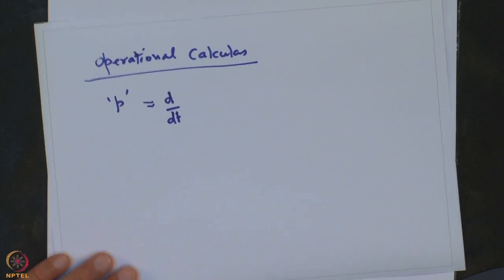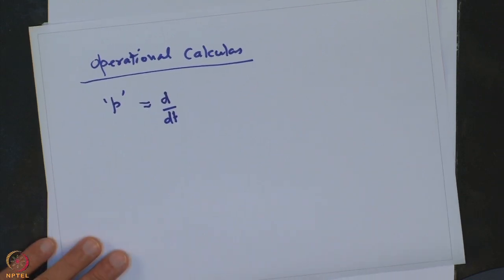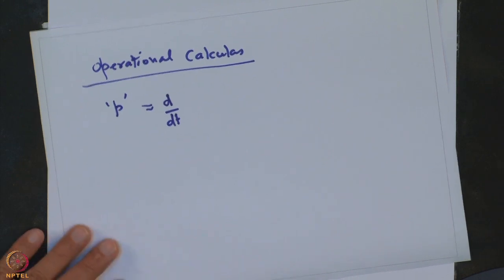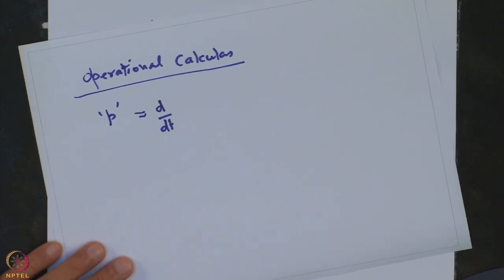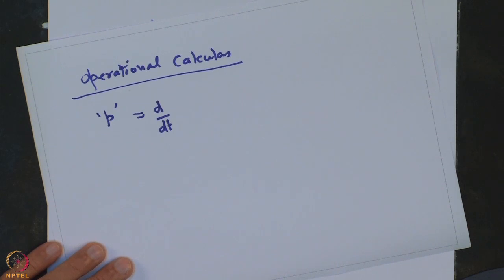We define this, and if I define this to be equal to d by dt, then in my differential equation, wherever I have the presence of a derivative, I can replace that by P. So, what will be the result of that?